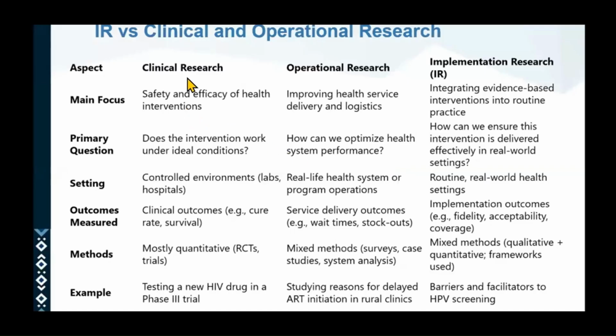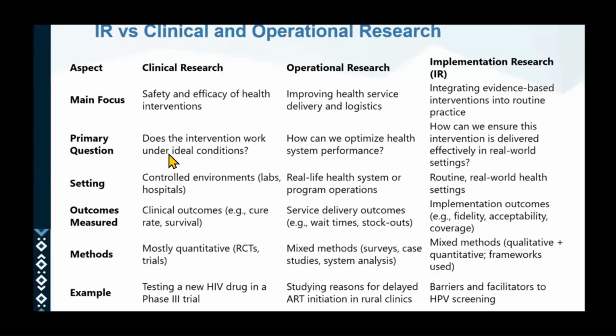Talking about the methods, in clinical research you have mostly quantitative methods like randomized control trials. Operational research can have both quantitative and qualitative, that is, a mixed method. And implementation research can have qualitative and quantitative, and you also have to use frameworks.